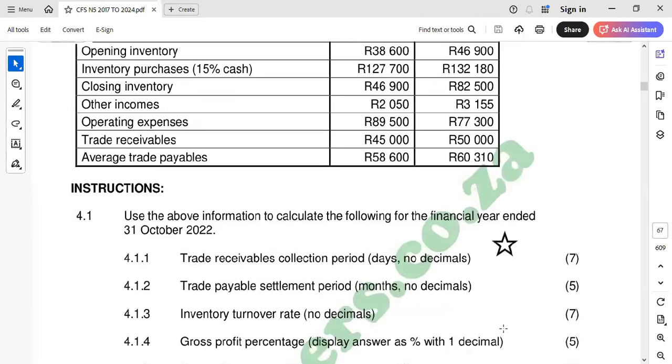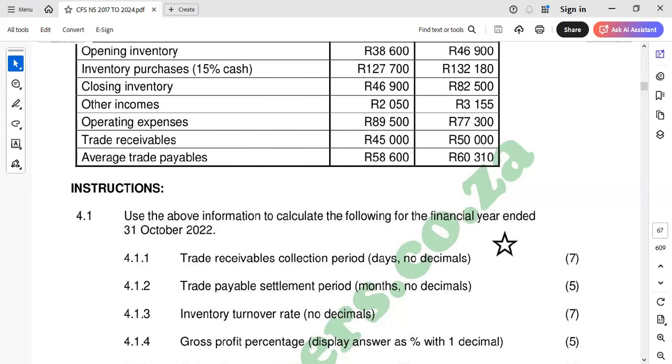Now we are supposed to do number 4.1.3, which is inventory turnover rates, no decimals. It's 7 marks, this one. Okay, let us go there.